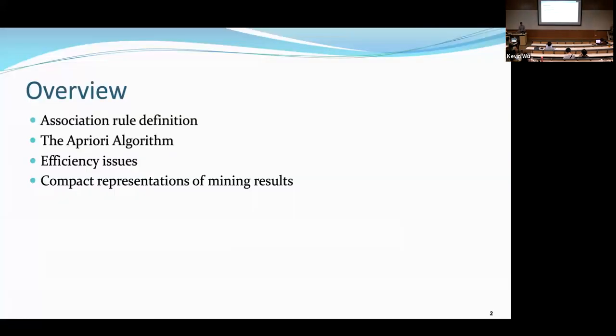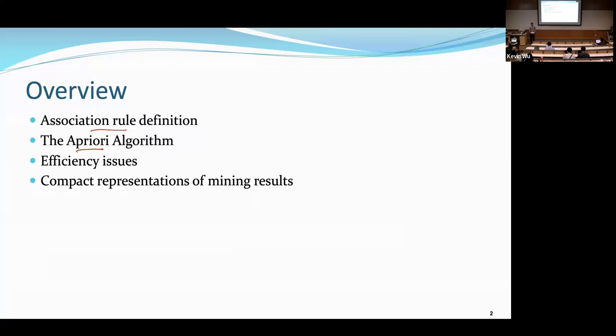Okay, so let's start our discussion on chapter 5 on association analysis. Here is an overview of the contents of this chapter. We'll give a definition of the problem of association rule mining, and then we'll discuss a very popular algorithm for discovering association rules from market basket data sets.